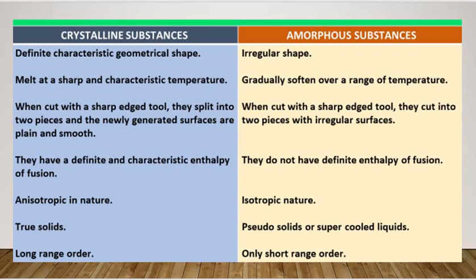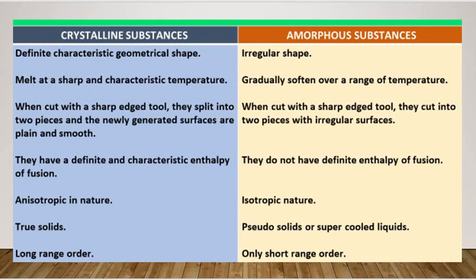Now, the difference between crystalline and amorphous substances you are seeing on the screen. Crystalline substances have a definite geometrical shape, while amorphous ones are irregular. Crystalline substances have sharp melting points, while amorphous solids melt over a long range of temperature.